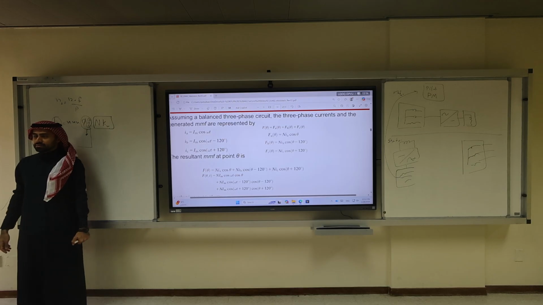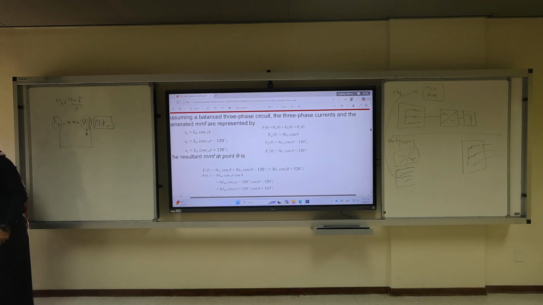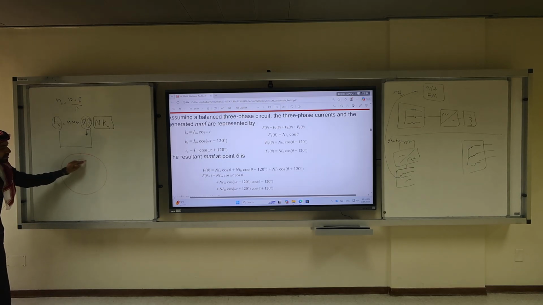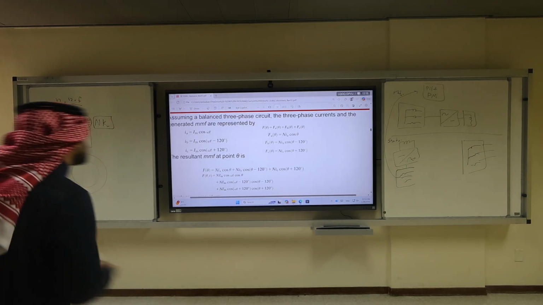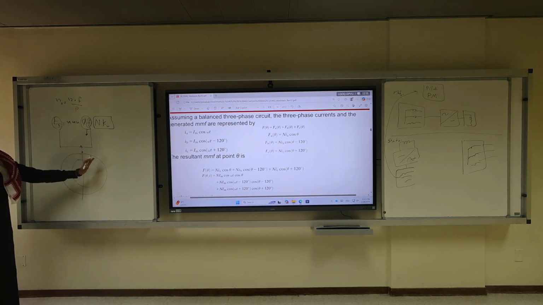Get it? You don't get it? So, you have a stator, right? And you have what? A rotor. At the beginning, this is the axis of the stator, and this is the axis of the rotor. When the rotor spins, let's say we have 2 poles.